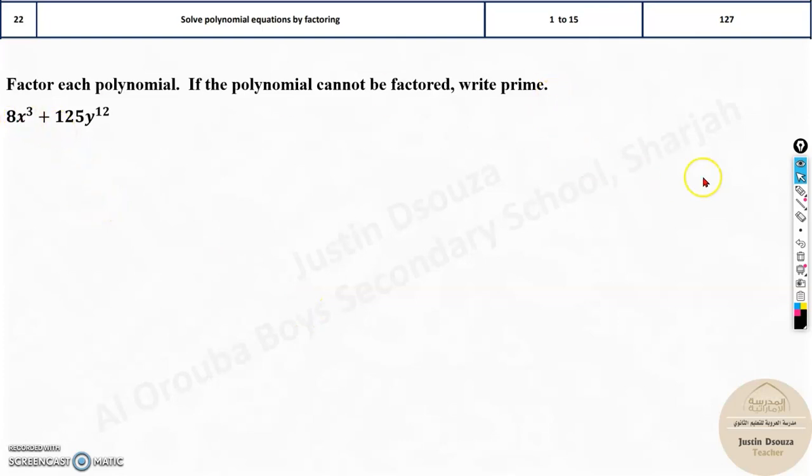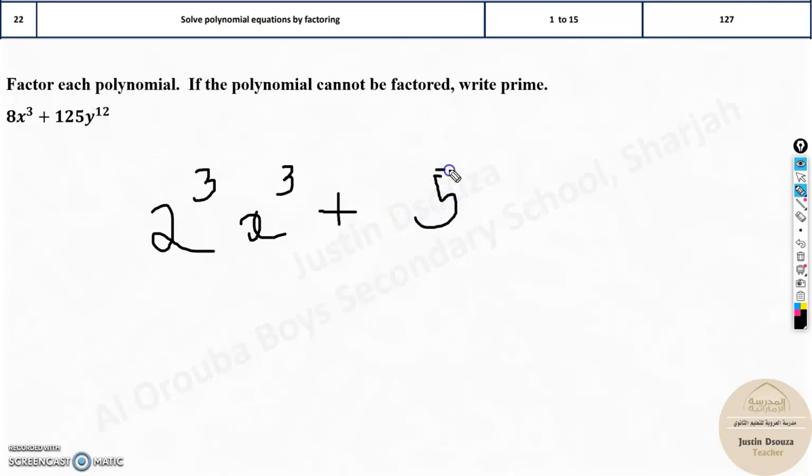So now how can you resolve this? Since these numbers, most of the time it will be much easier to predict. Now here, 2 cube is 8, x cube plus, what is 125? It is 5 cube. 5 times 5 is 25, 25 times 5 is 125.